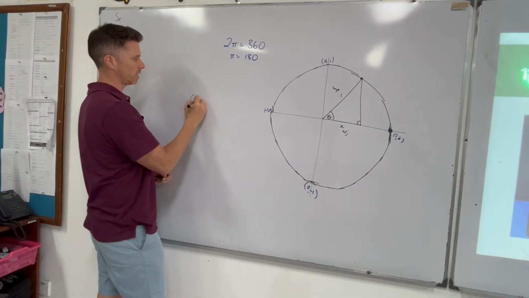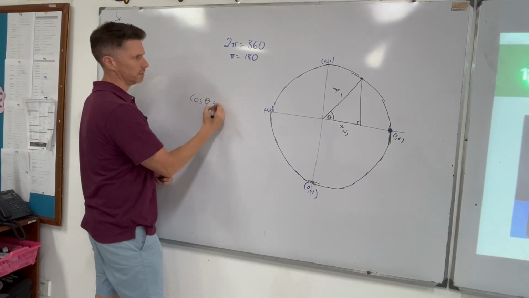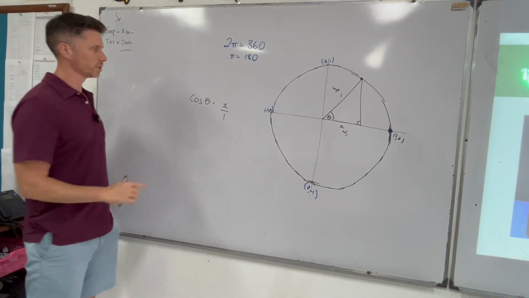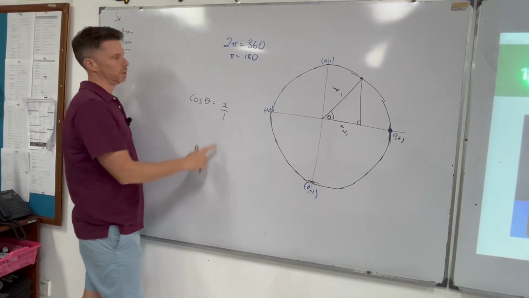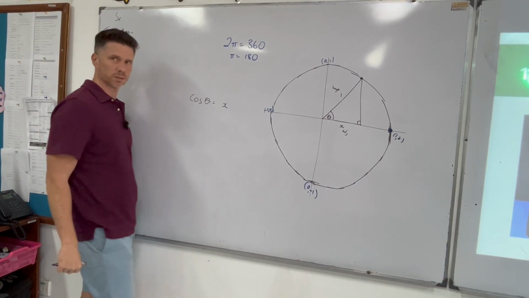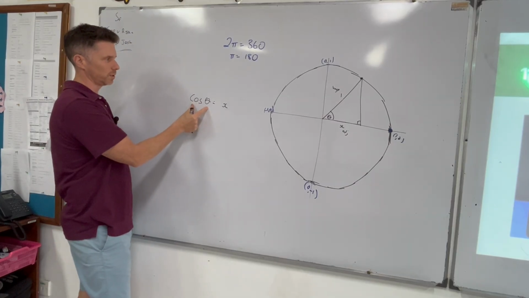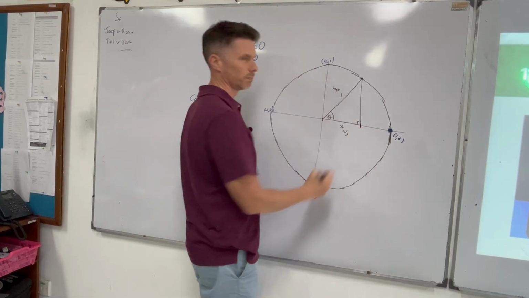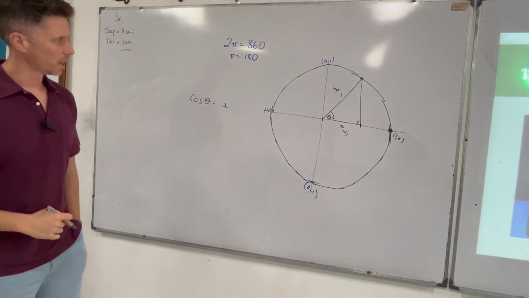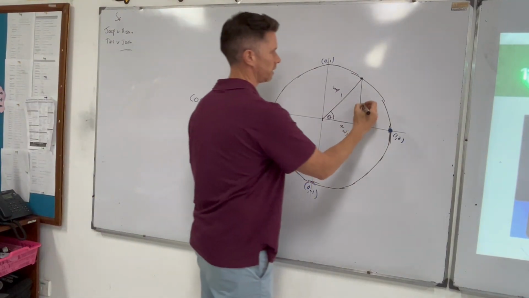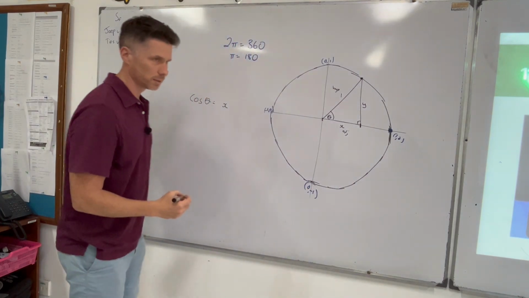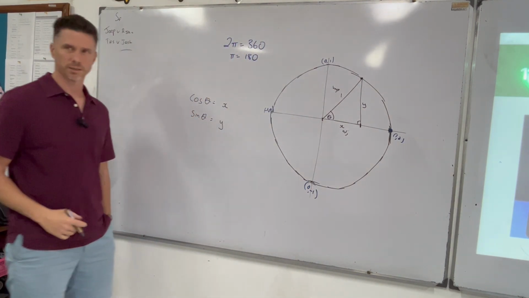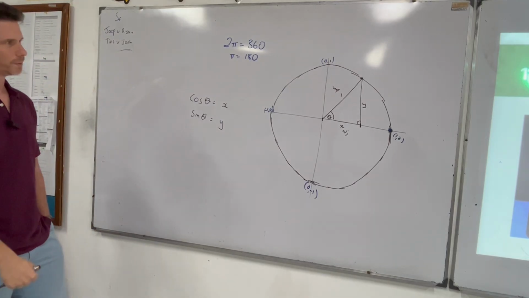So cosine of that angle is the adjacent side divided by 1. And of course, anything divided by 1 is just what it was. So that means the cosine of the angle is equal to whatever this length is. And if we did the same process for this side, sine of the angle is going to be whatever length y is, because we divide the opposite side by 1.